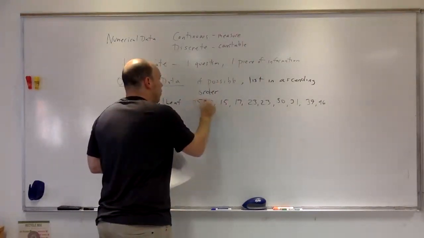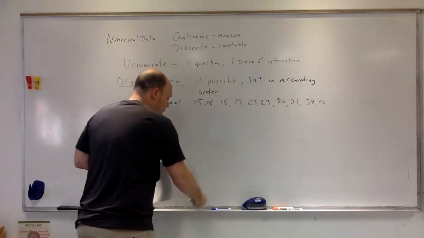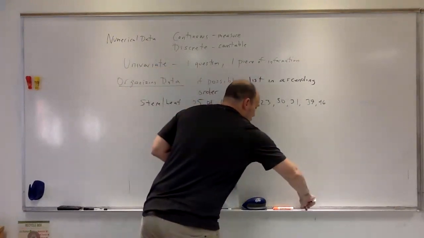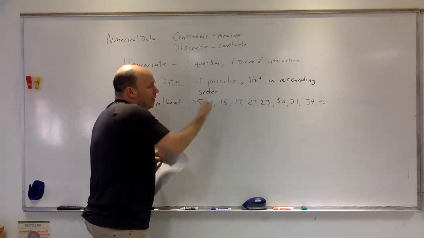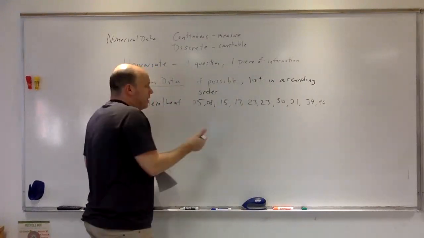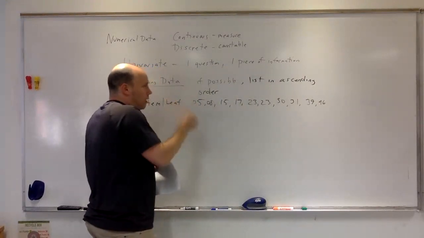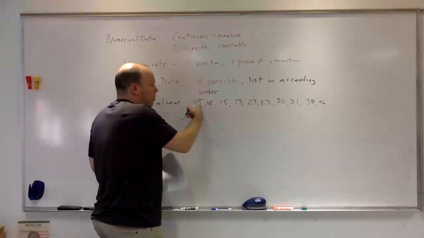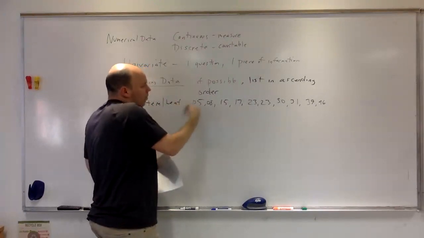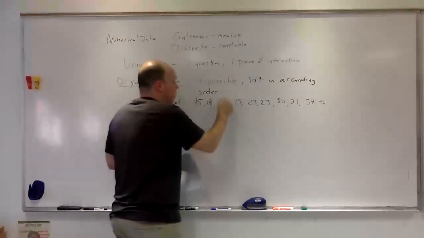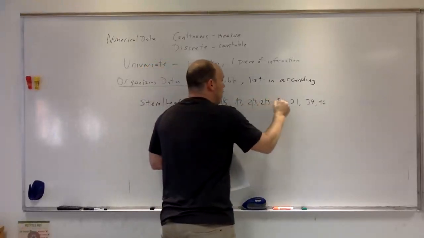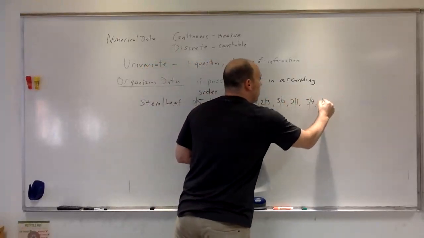So you're going to write this as 0 5, 0 8, and so on. You draw a line between the tens digit and the ones digit.